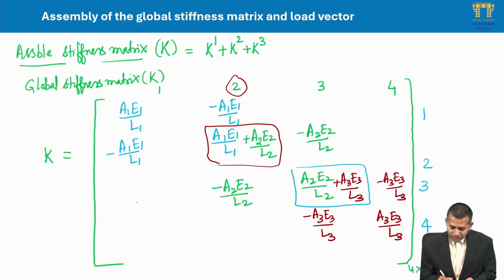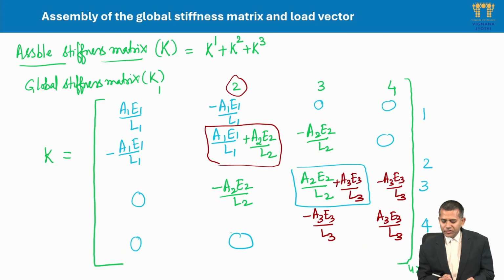And what about these remaining terms? Here we don't have any term, and here also we don't have any term. Wherever you don't have terms, you make them zeros. That's how you will get the global stiffness matrix.